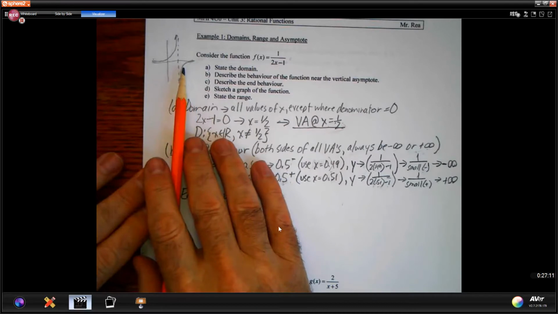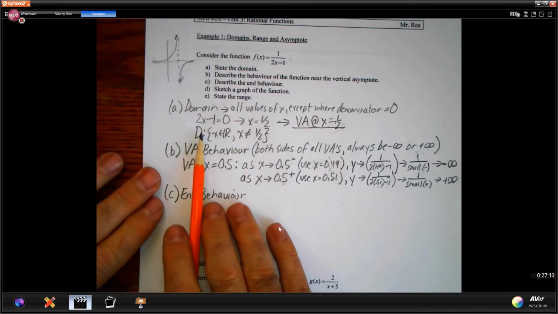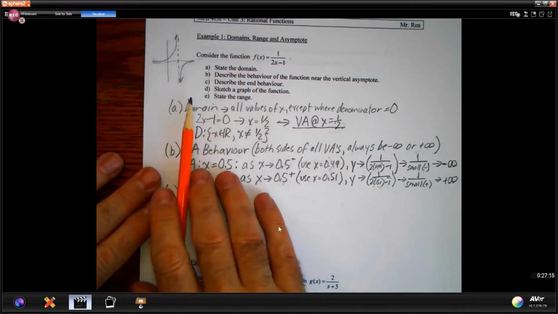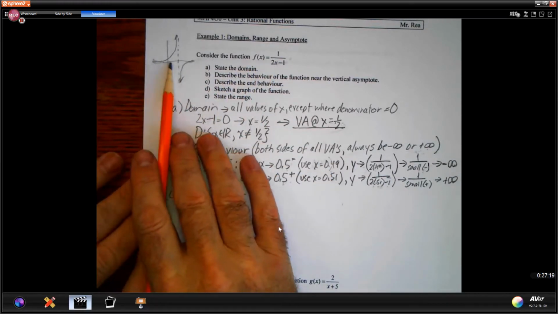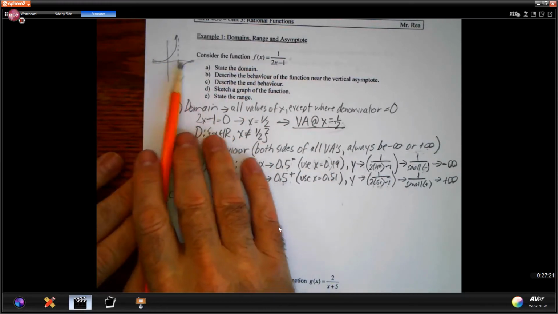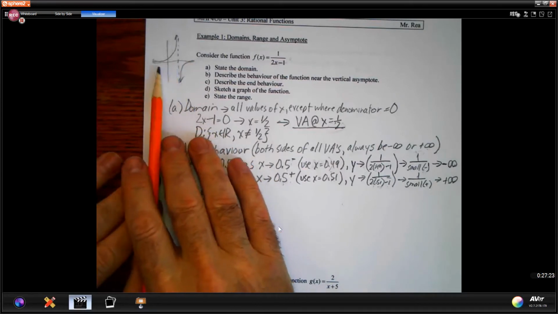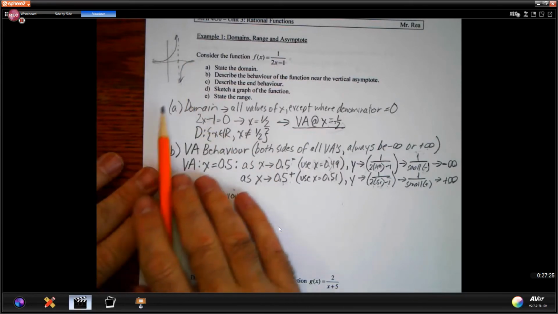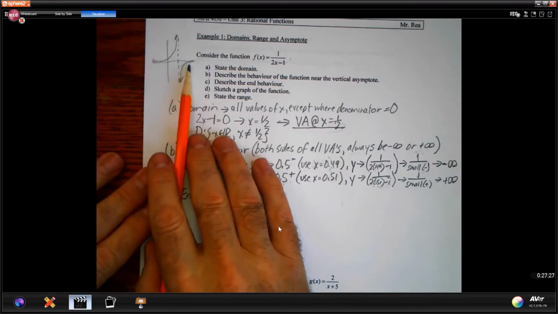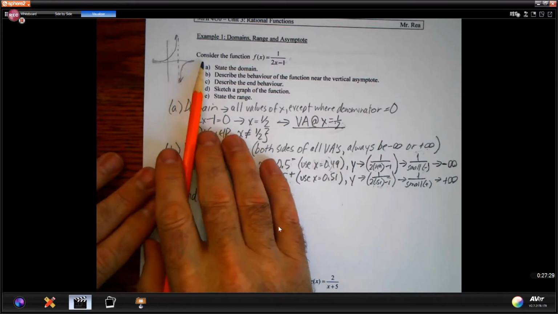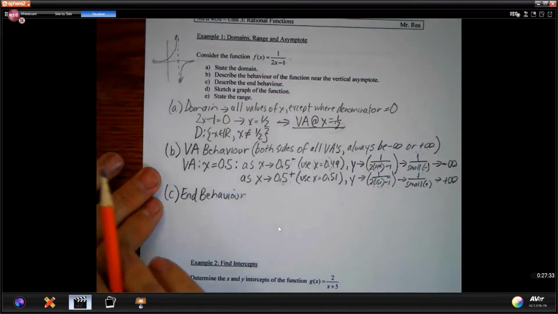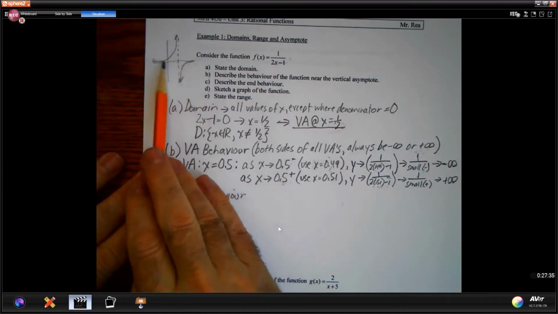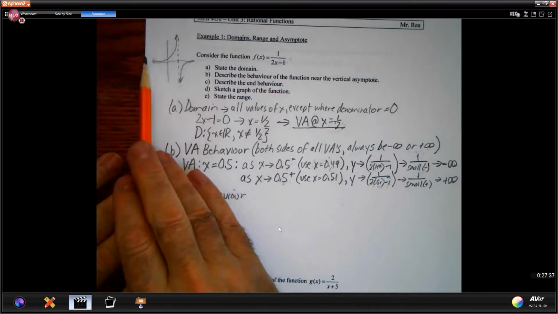Okay, and we already know we've been told that there's going to be a horizontal asymptote at y equals 0, which is the x-axis. So all we're trying to determine here is as x gets bigger and bigger, is the graph coming towards the x-axis, y equals 0, from the bottom or from the top?